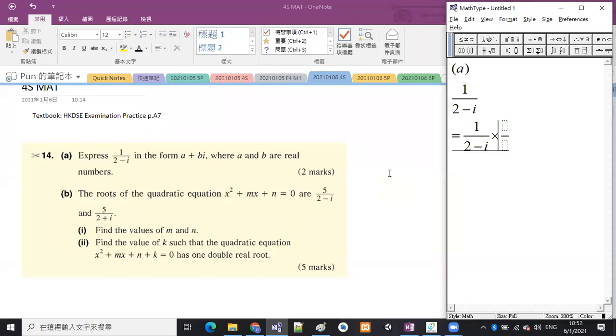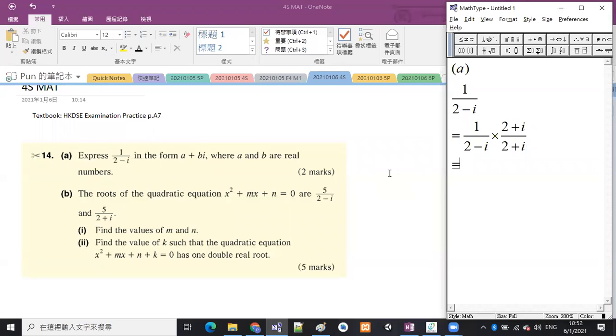If it is in the form a minus bi, then the denominator should be multiplied by a plus bi. In this case, the b is 1i. But you need to multiply the same thing to the top of the fraction, so 2 plus i, in order to keep the value unchanged.